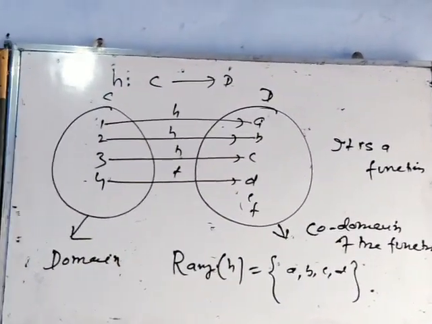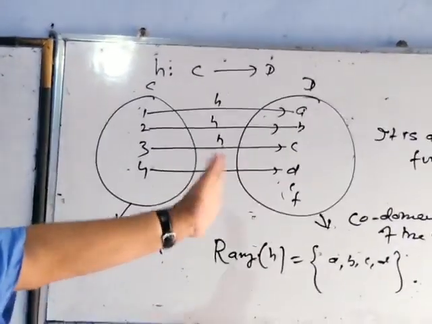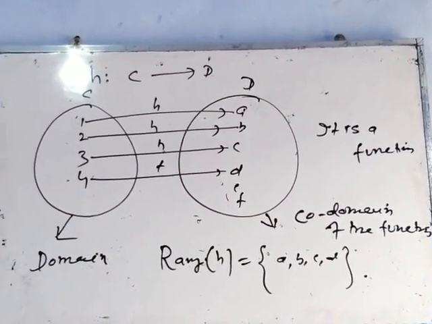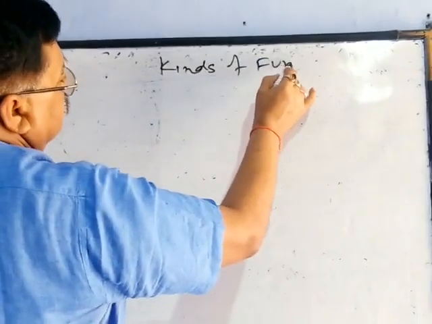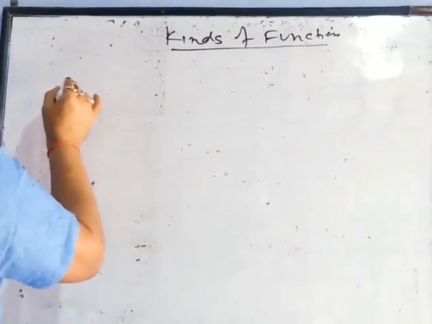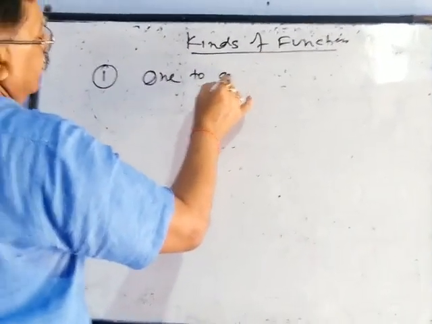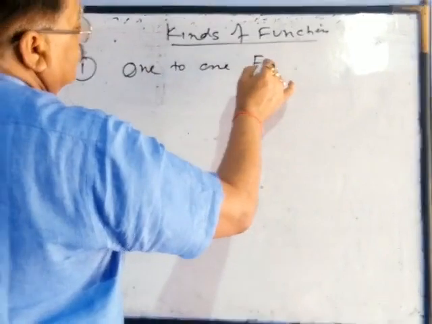How can you find the domain, range and codomain of a function? Now student, here are kinds of functions. One is the one-to-one function.